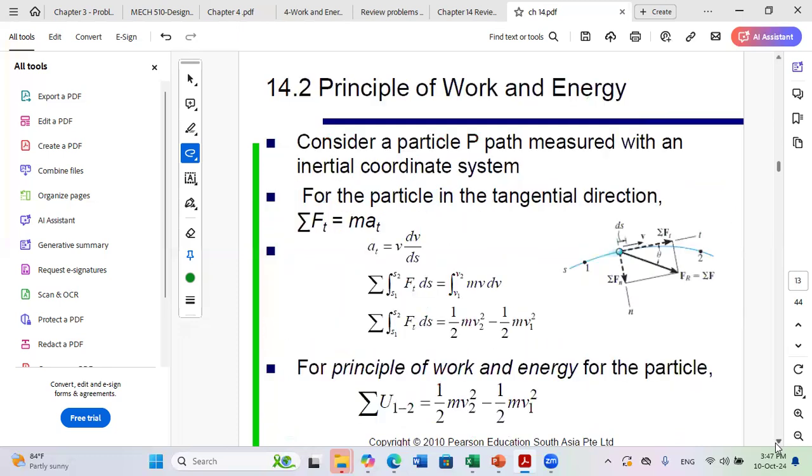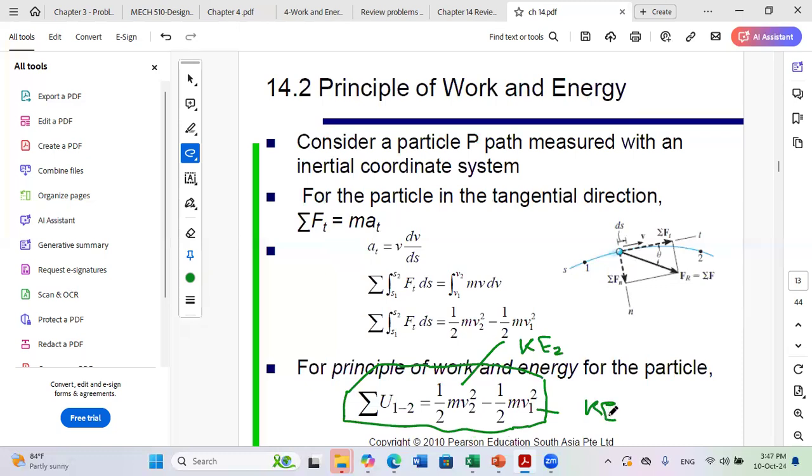Now, concerning the principle of work and energy, this principle states the following: the summation of work of forces between state 1 and 2 is the difference in kinetic energy between the two states. So it's kinetic energy at state 2 minus kinetic energy at state 1. You can use this principle, for example, to find the final kinetic energy.